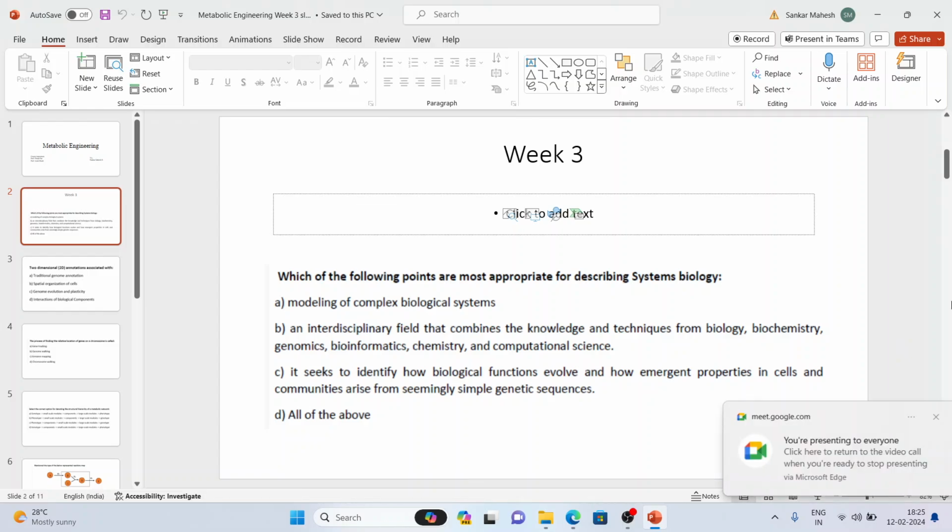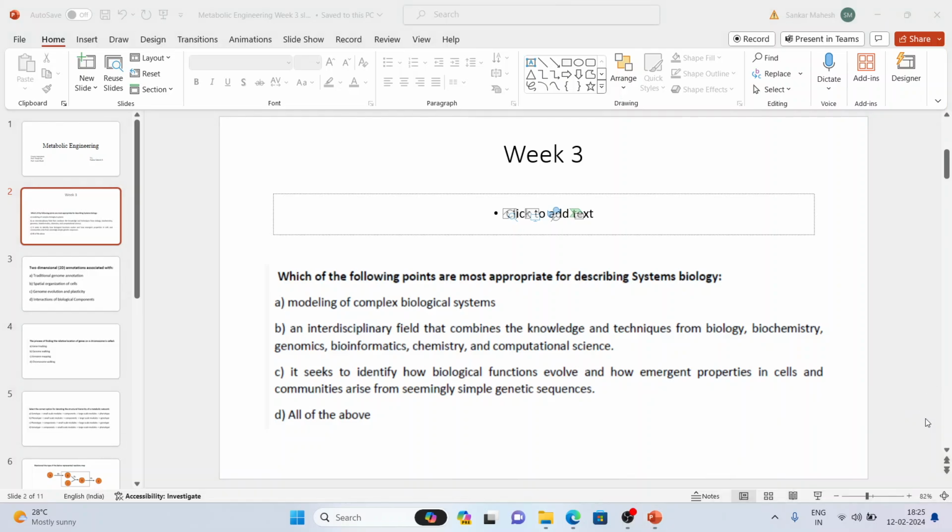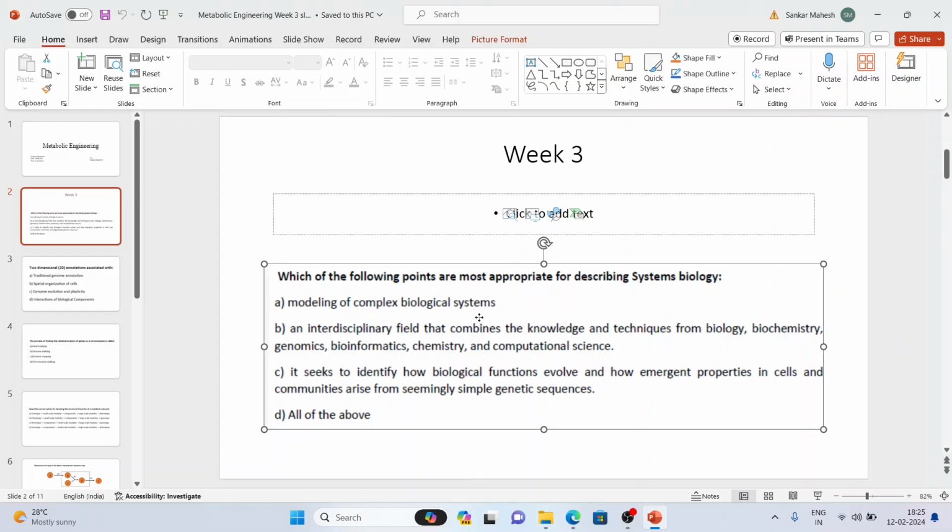So for week 3, we'll start with the questions. Which of the following points are most appropriate for describing systems biology? I hope my screen is visible. Option A, modeling of complex biological systems.